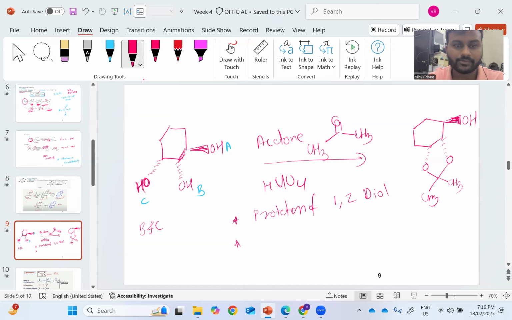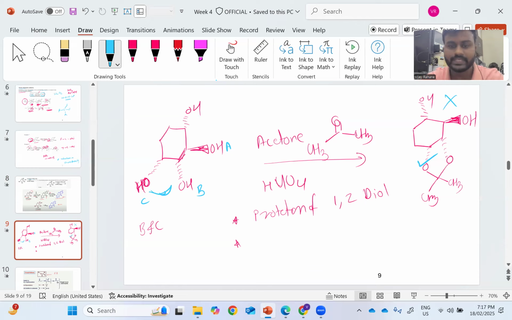Let's say when we have any group like OH here, at that time also the protection doesn't occur, but this occurs because these two are syn to each other, right?